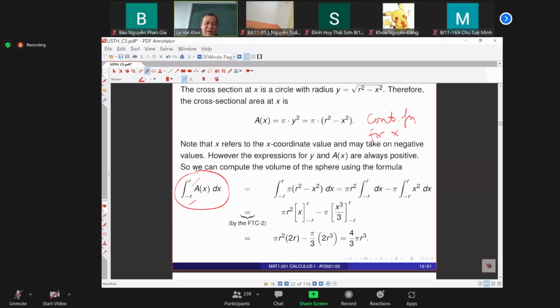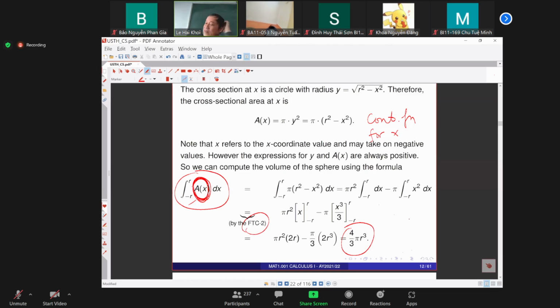You use the fundamental theorem of calculus, or the Newton-Leibniz theorem, using the antiderivative. You get the answer. So it is very easy to do using the integral. But the most important thing is to establish what the area of the cross section is. This is important.